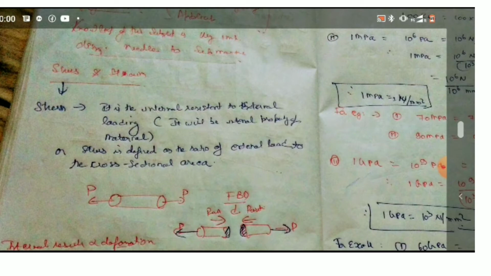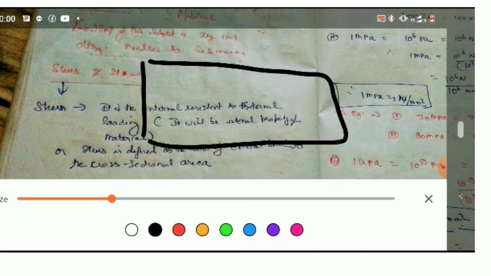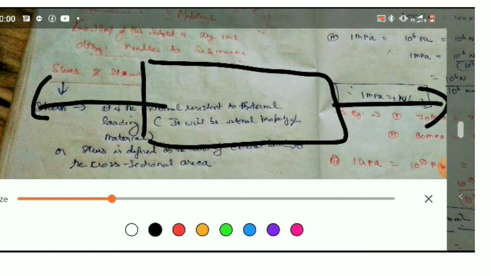Suppose one body is there, and we apply a tensile load, just stretching it. It gets deformed.